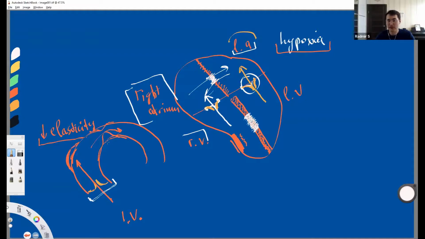And some of these defects, we can treat them. Others are incurable. So they really require emergent or urgent surgeries, etc. So it really depends on the stage of the defect, on its severity, and on the patient's conditions.